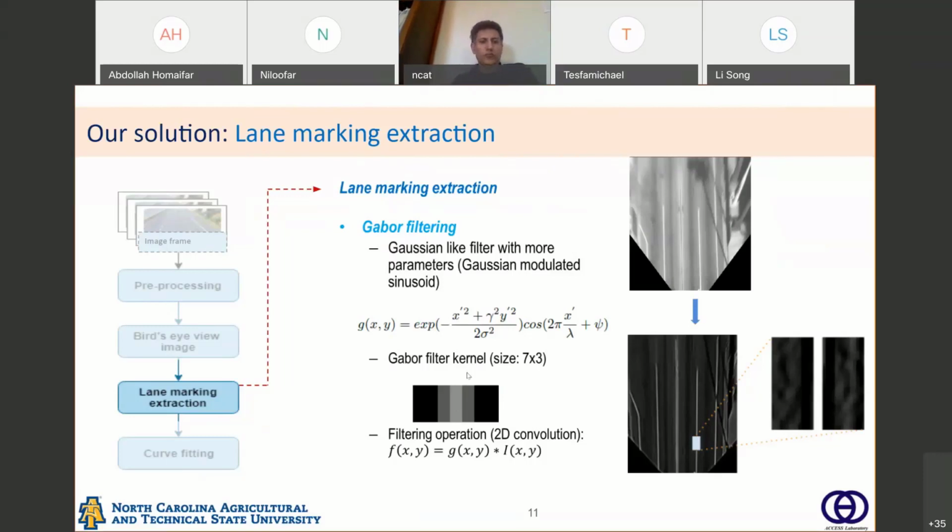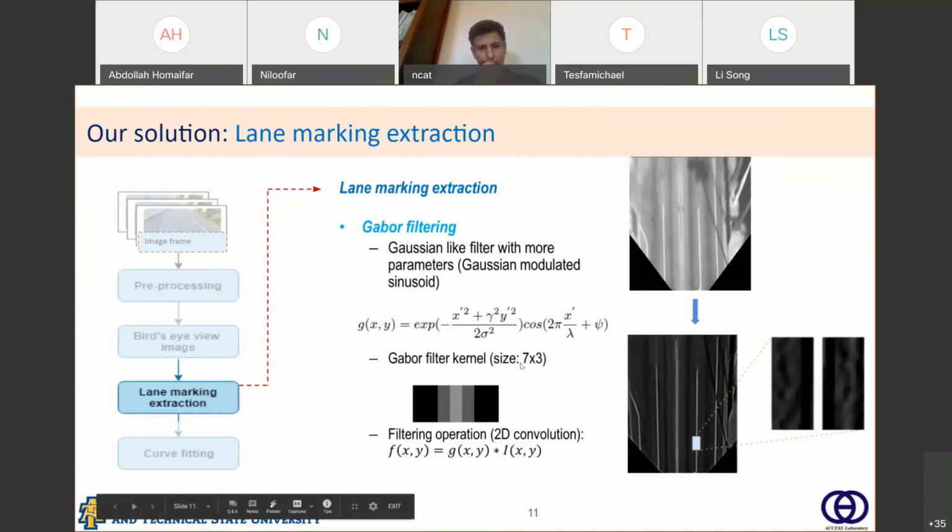If this doesn't match well with the thickness of the lane boundaries, we may not get a very good result, but it still works okay. But this one is much better if it matches with the actual dimension of the lane lines. So the Gabor filtering is a simple convolution. The kernel convolved with the grayscale image gives us an enhanced image like the one shown here.